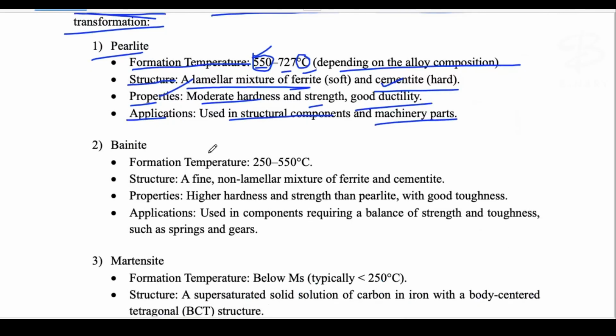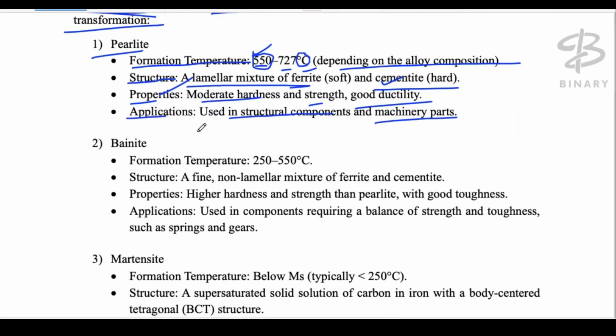I hope you are able to recall that we have already done this part in a previous unit: what Pearlite is, how it forms, what the structures, properties, and applications are. Still, we are covering it here in brief. If you look closely, lots of things keep repeating for every topic.